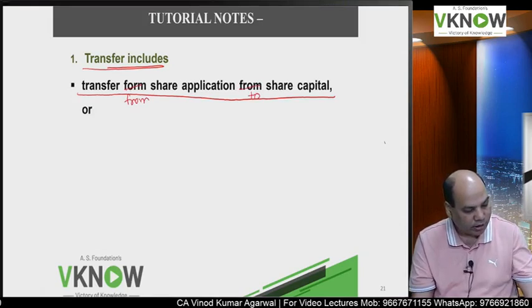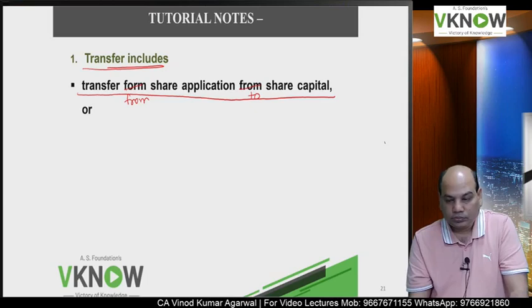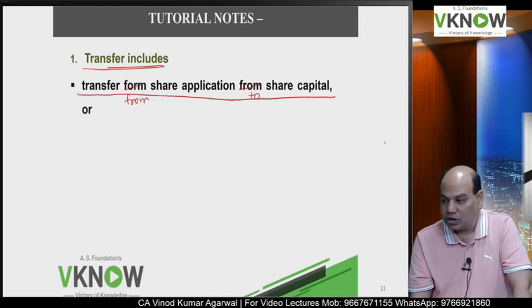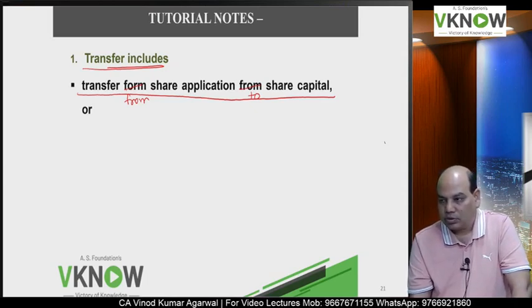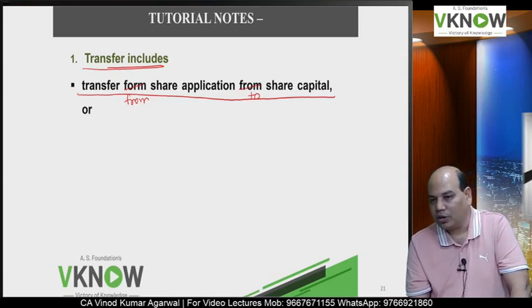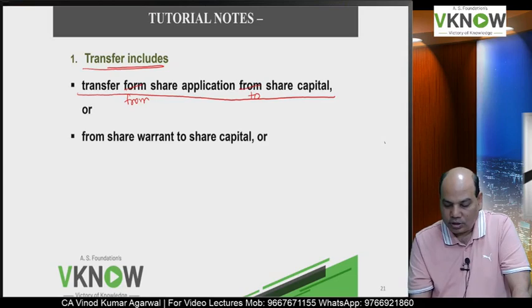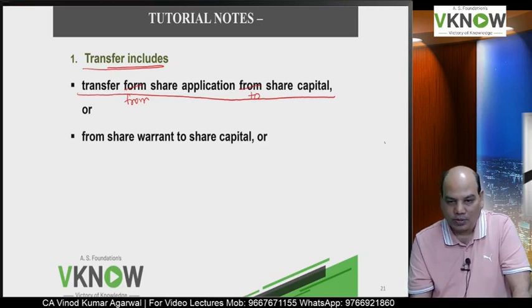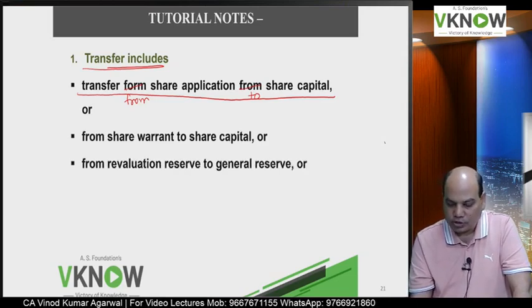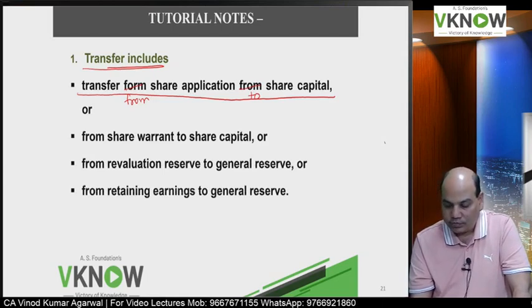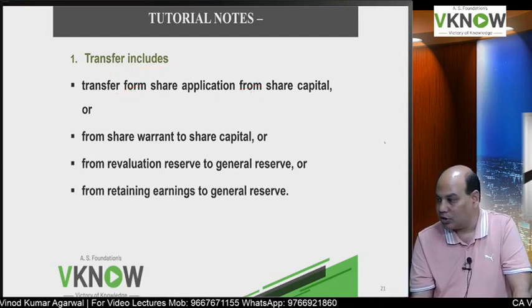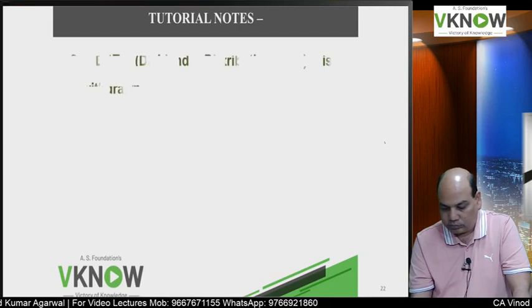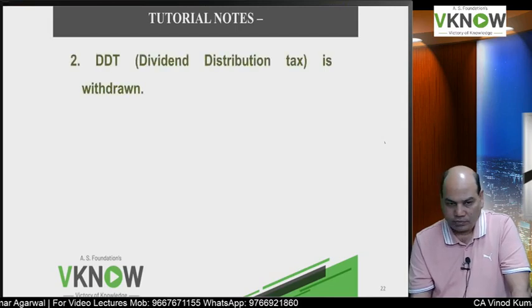If there is a typing error, rectify. Once the shares are allotted, share application money will be reduced, share capital will be added. Then from share warrant to share capital, from revaluation reserve to general reserve, from retained earning to general reserve. So these are the examples of transfer.